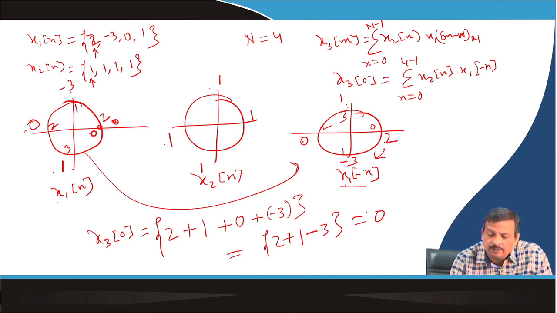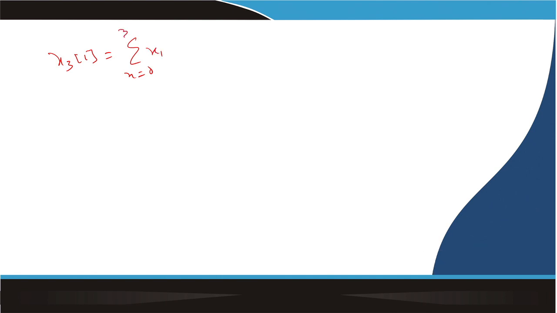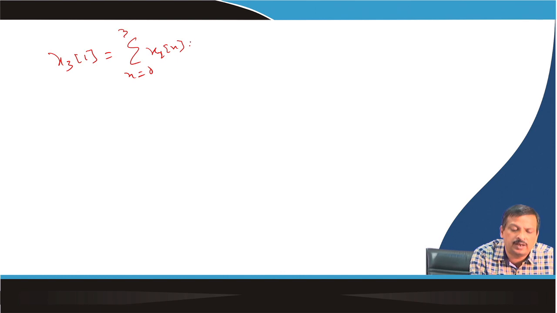Similarly, if I ask what is x3[1], it is the sum over n equal to 0 to 3 of x2[n] multiplied by x1[1 minus n].